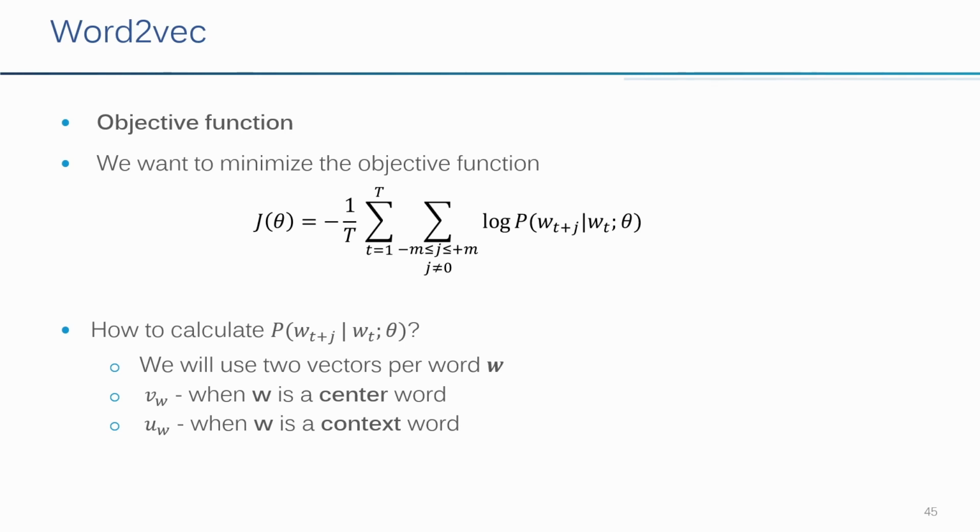So instead of writing this here, we're going to give some specific names. To calculate the context word and the center word, we use two vectors per word that we consider: V of W when W is a center word, and U of W when W is a context word. And again, in the end, you do have two vectors, but then you average them to have one single vector for a word.